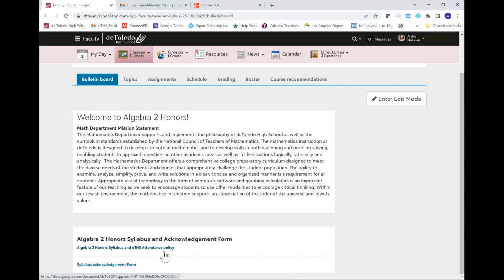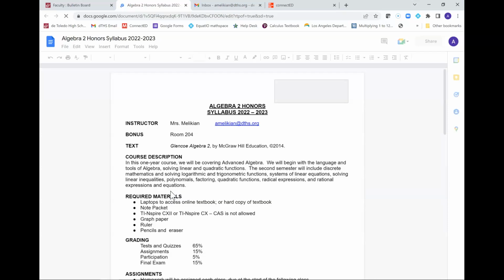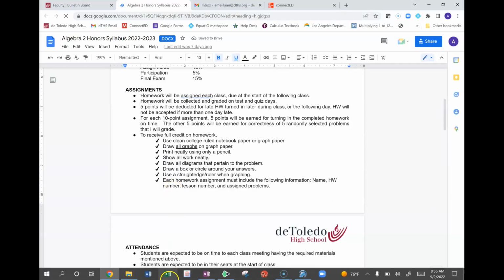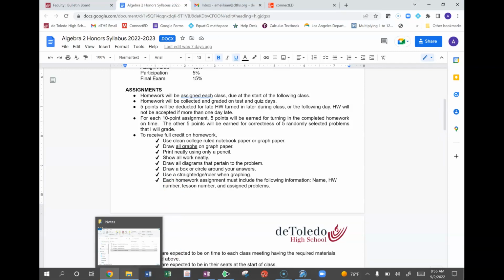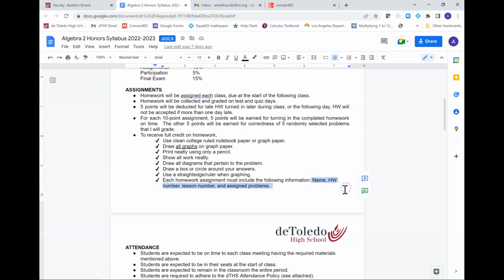Here's the syllabus. If I click on it, okay. So if you go here under assignments, right? I've laid out basically how I want the homework to look. And this last bit here, it says you need your name, homework number, lesson number, and assigned problems, okay?